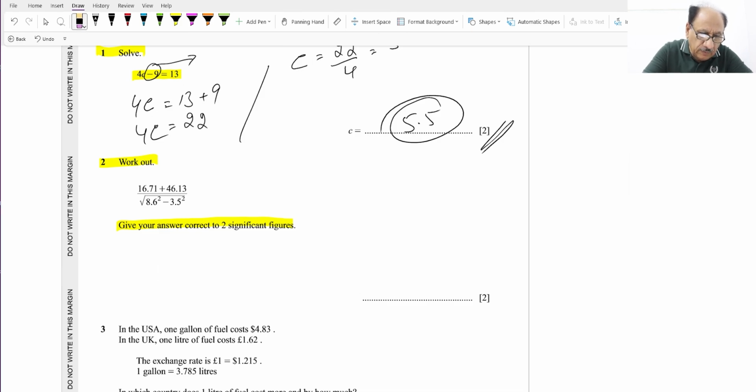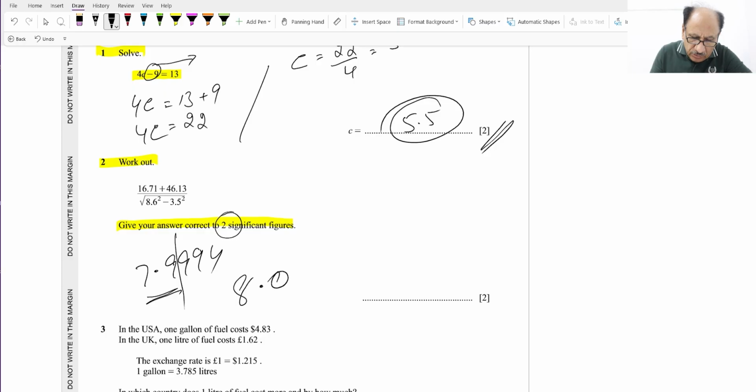We need up to two significant figures, so two significant figures complete till here. We can change it to 8.0 because 9 is more than 5. So 8.0 will be our final answer for 2 marks.